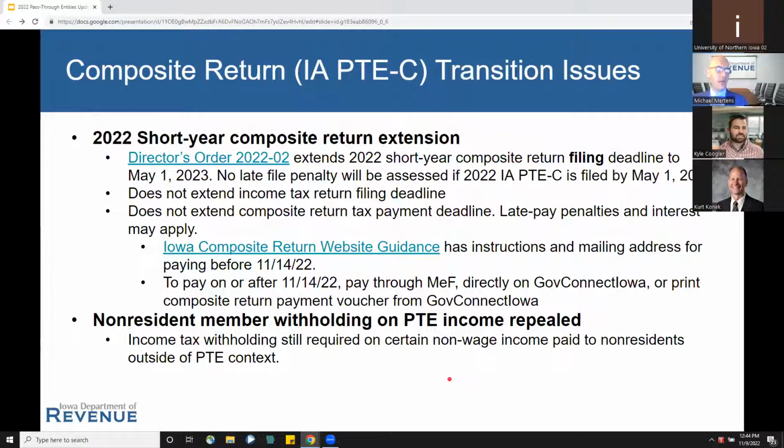There may still be income withholding required for certain non-wage income paid to non-residents outside of the pass-through entity context, but I wanted to point out that the traditional non-resident member withholding has been repealed for pass-through entities starting in tax year 2022.